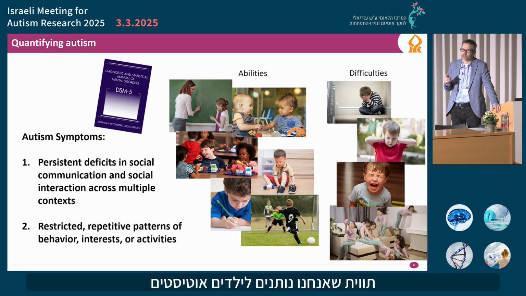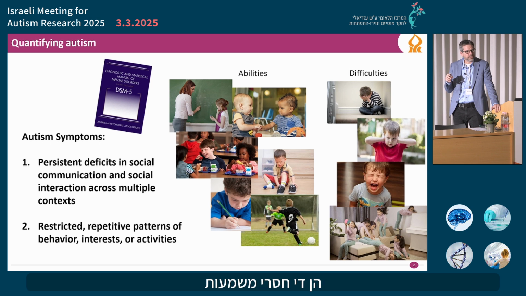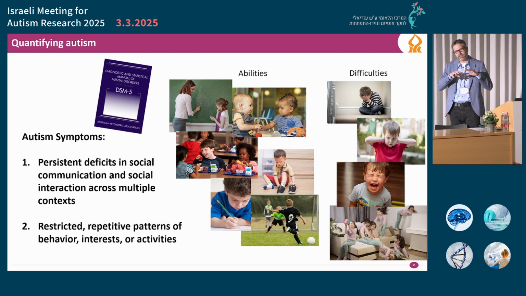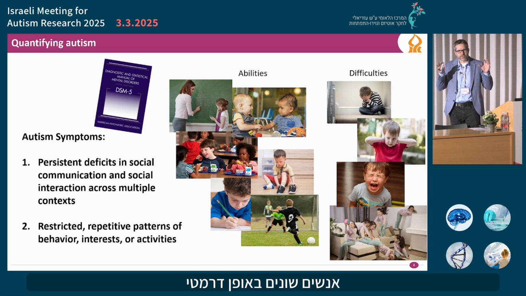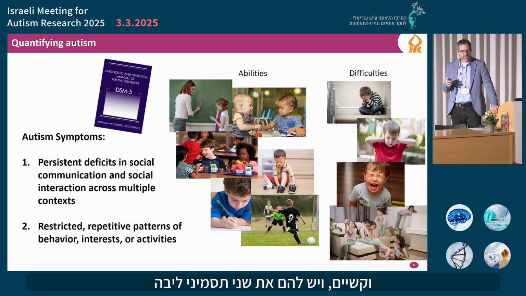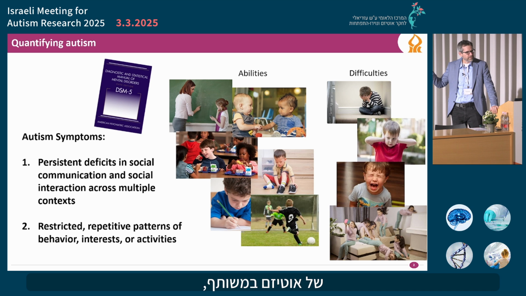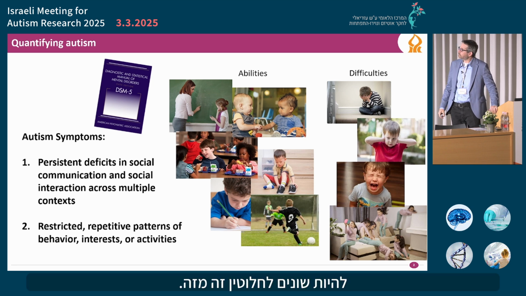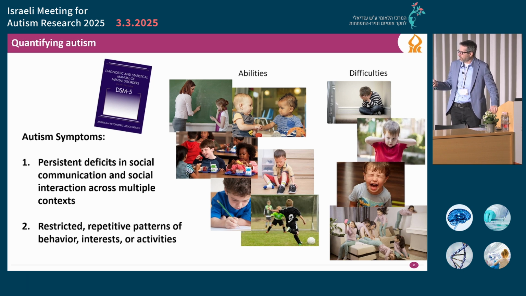And when you think about the label that we give autistic children, it's pretty meaningless in the sense that they're dramatically different individuals who have dramatically different abilities and difficulties. They do have the two core symptoms of autism in common, but they also come in a variety of different flavors. And the children can be totally different from one another.